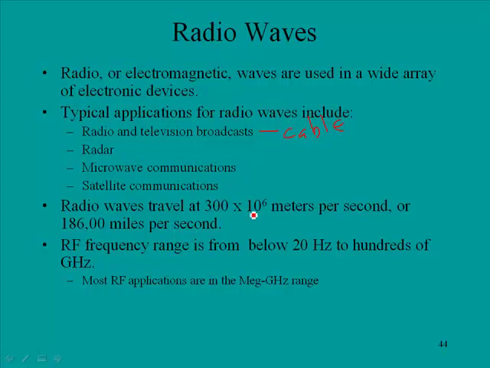All of these are using RF. Radio waves travel at 300 times 10 to the 6th meters per second, or 186,000 miles per second. The RF frequency range technically goes from down around 20 hertz to hundreds of gigahertz. However, most of the applications you see in RF are going to be in the megahertz and gigahertz range.